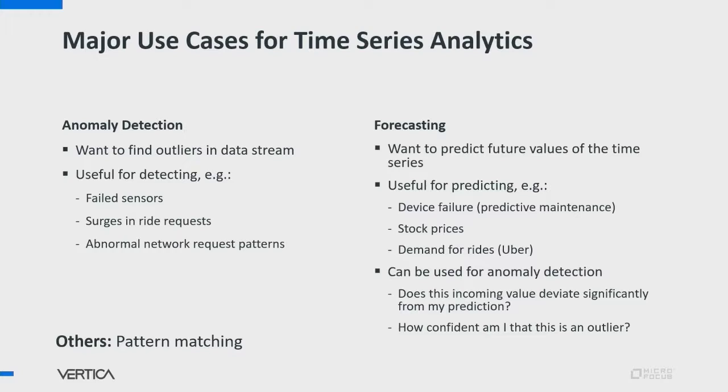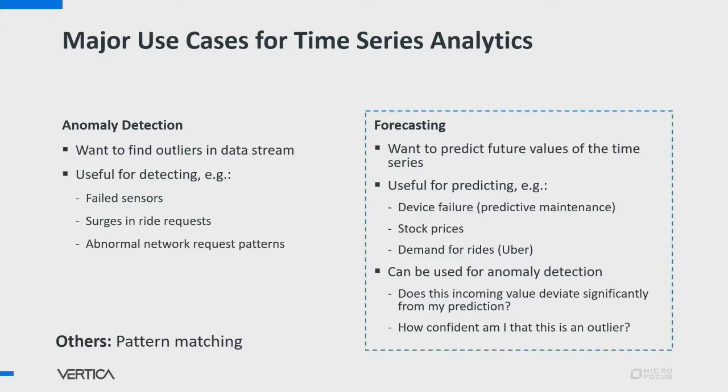It's useful for predicting things like device failure, for example, if you're doing predictive maintenance, stock prices, what would they be in future, demand for rides in the case of Uber or other ride-sharing companies. Forecasting itself can also be used for anomaly detection, to ask questions like, does this incoming value deviate significantly from my prediction? How confident am I that this is an outlier? And there are other applications around pattern matching. Today, we'll be focusing more on the forecasting applications of time series.